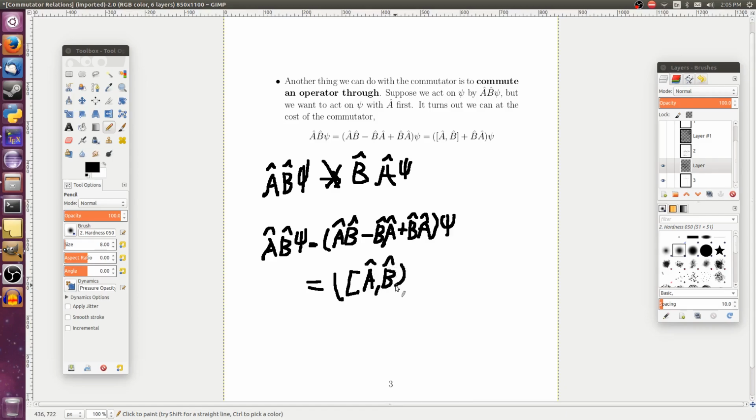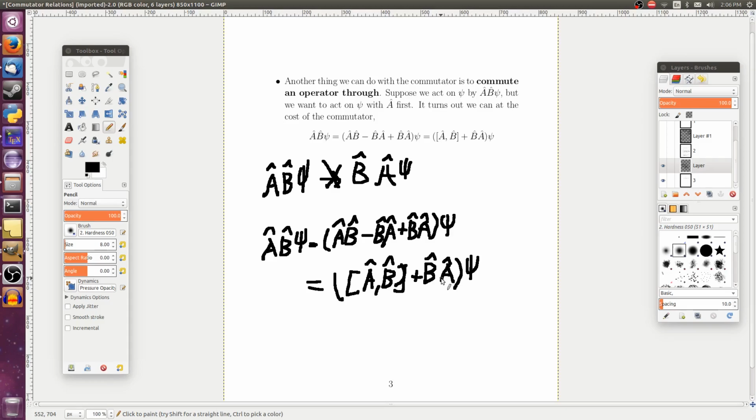Wait, whoops, that's supposed to be a square bracket. And then I've got BA. So now I can act on psi with A first, like I said, at the cost of the commutator.